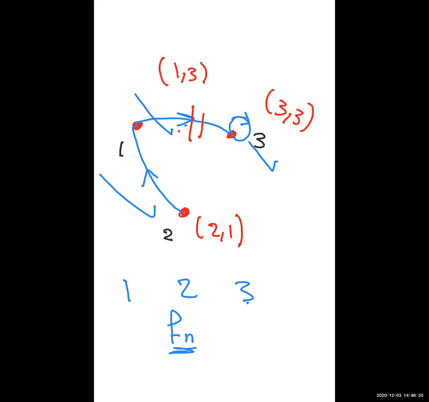So 1 and 3, the range here 3, and 2 and 1, so there is 1 here, and 3. I will never repeat elements, so the range is 3 and 1. Or I can get it from the ordered pairs: the range is 3, 3, 1. I will never repeat elements, so only 3 and 1 is the range.